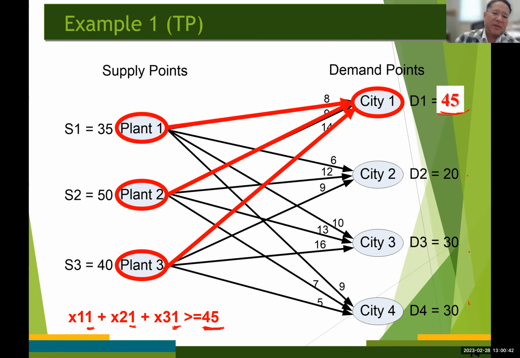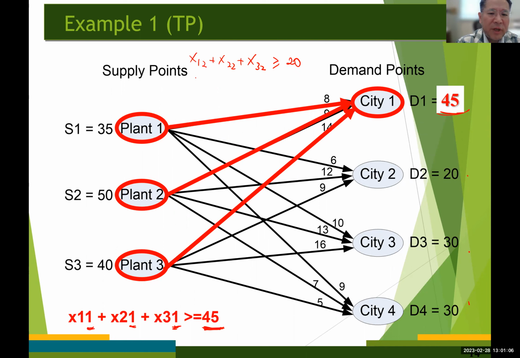So for city number 2, we are going to have x12 plus x22 plus x32 has to be greater than or equal to the demand amount at city number 2, which is 20 million kilowatts.